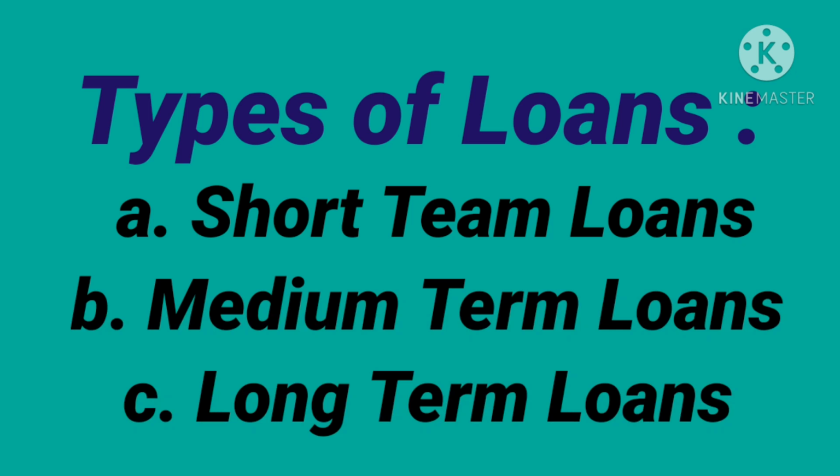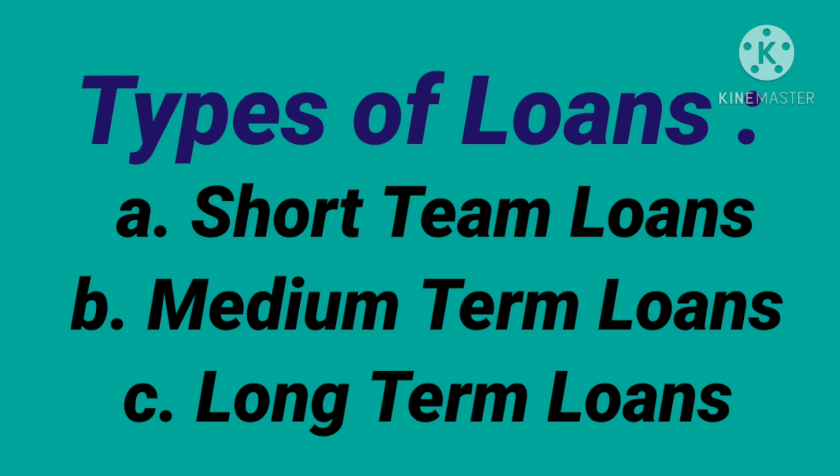Types of loans on the basis of duration are A. Short-term loans. These loans are granted for a period up to 1 year so as to meet borrowers' working capital requirements. B. Medium-term loans.